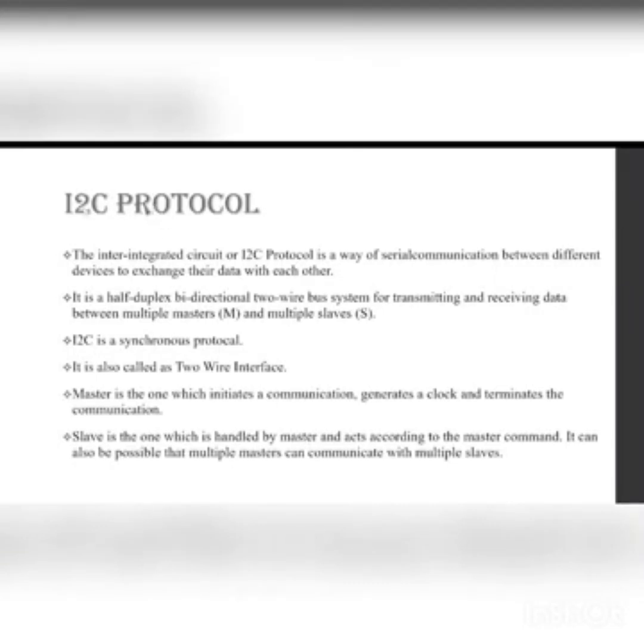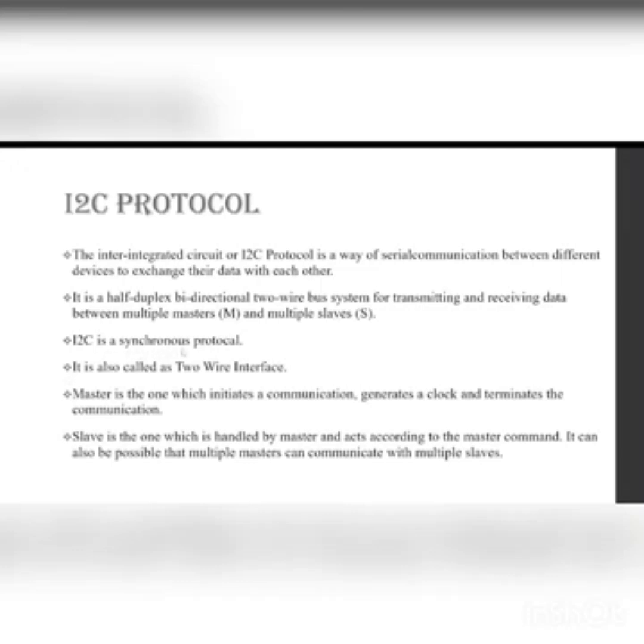So, the I2C protocol. The inter-integrated circuit or I2C protocol is a way of serial communication between different devices to exchange their data with each other. It is a half-duplex bidirectional two-wire bus system for transmitting and receiving data between multiple masters and multiple slaves.